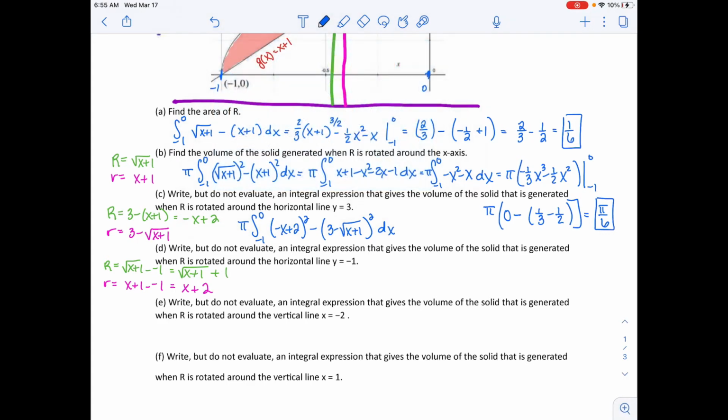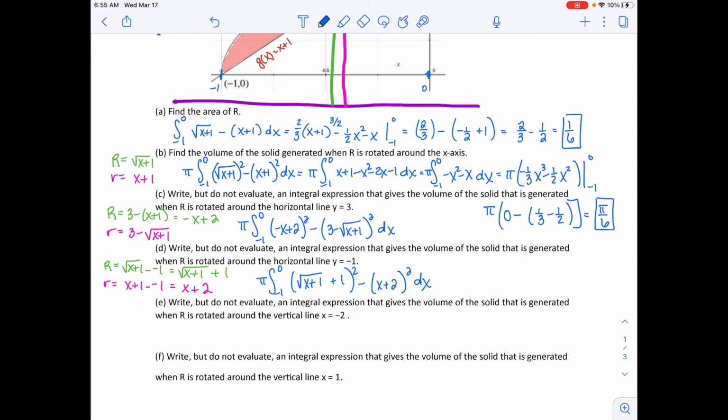So the most important thing, the hardest part, is getting big R and little r, and then it's pi R squared minus pi r squared, factoring out the pi. Integral from -1 to 0, square root x plus 1 plus 1, all squared, minus little r squared, which is x plus 2, squared dx.